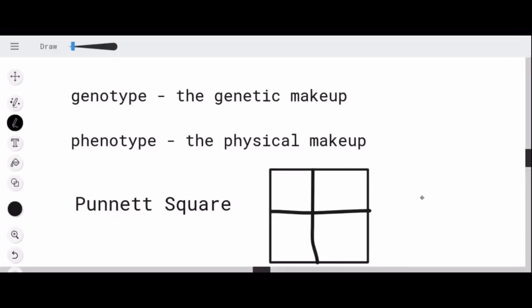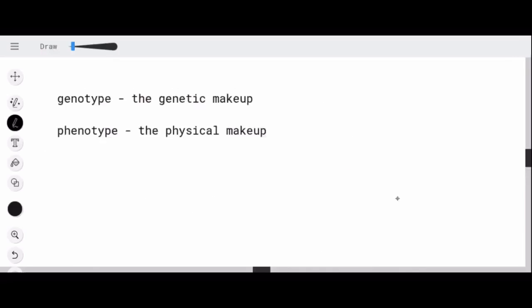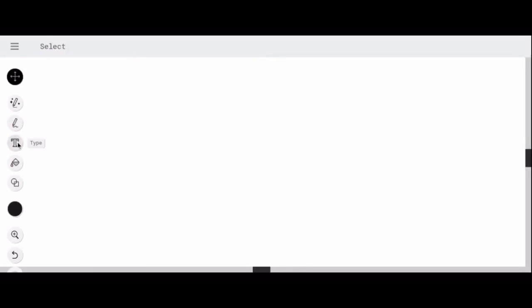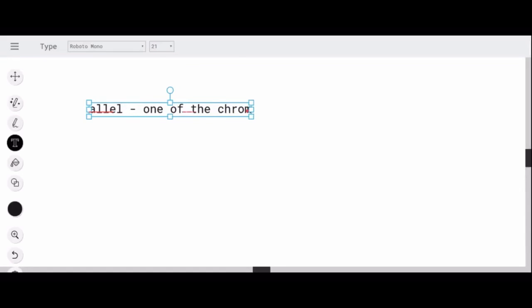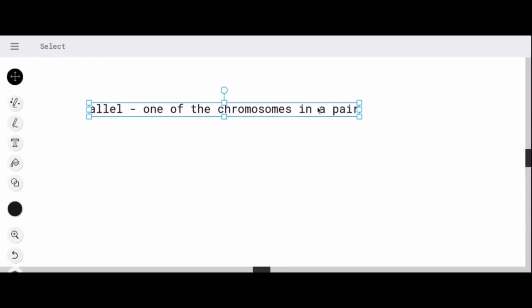Next, you have an allele, like I mentioned earlier. It's one of the chromosomes in a pair. And like I said, your DNA is double.